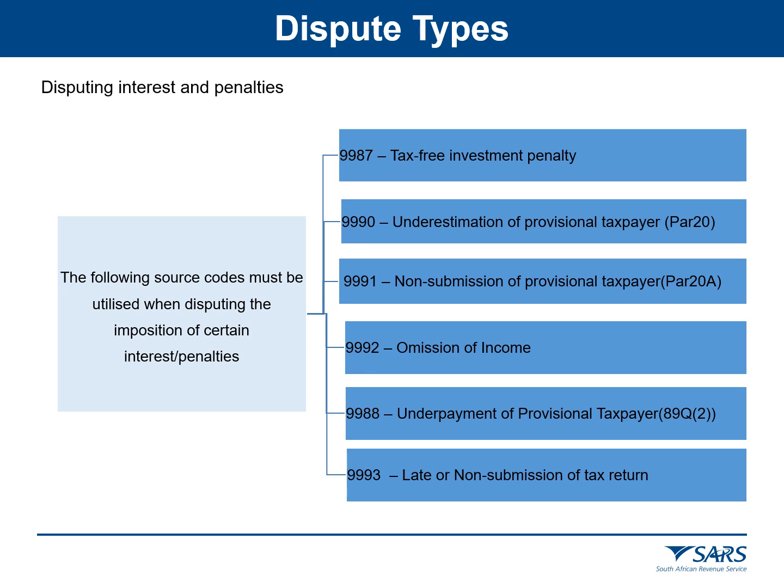This is the non-submission of provisional tax, which is paragraph 20A. Source code 9992. This is the omission of income. Code 9988. This is the underpayment of provisional tax, which is 89 quat 2. And then you have source code 9993. This is late or non-submission of a tax return.